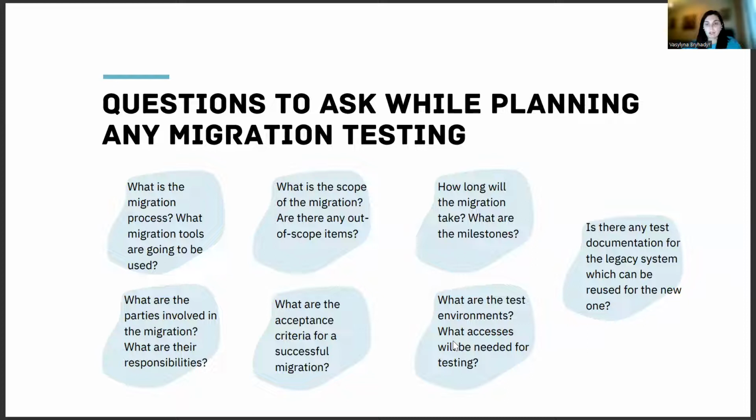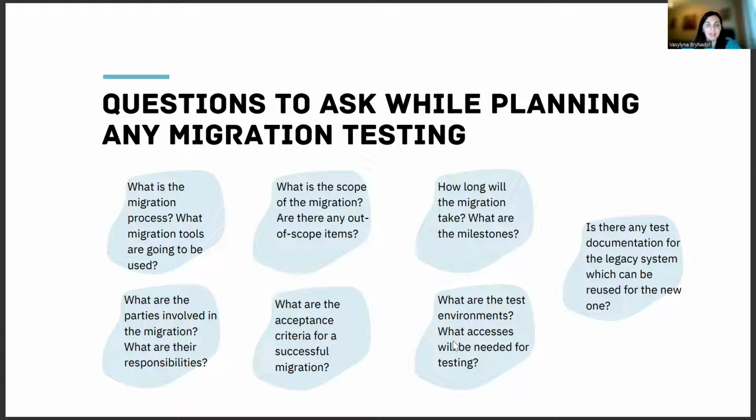So how long will the whole migration process take? What are some deadlines, milestones, thresholds? Definitely, while planning our testing, we need to possess all of this information to do our tests timely, right? And just to stick to the agenda we have for this specific migration.